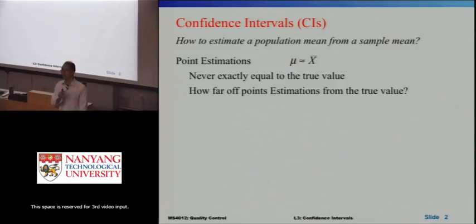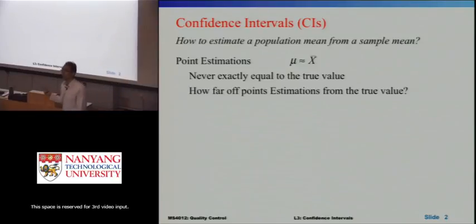From sample A, we get one value of the sample mean, and from sample B, we get another value. So it is not a constant. Second, we have no idea how far off the point estimate is from the true value. We only get 1 point, so we don't know whether it is very close to the population mean or far away from it.